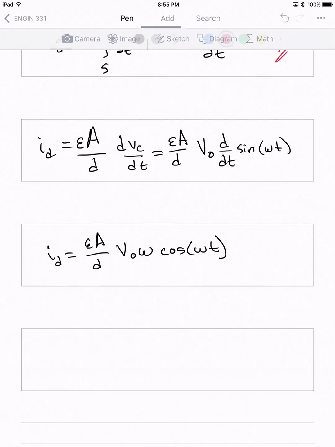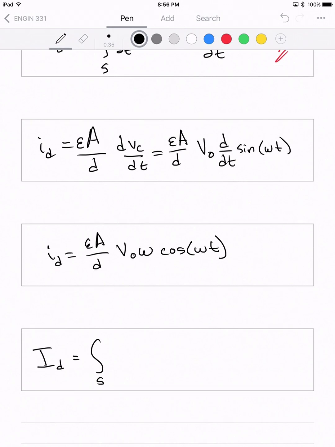If we do that, then capital I sub d is equal to the surface integral of partial D partial t dS. Now that time derivative, because we're dealing with phasors, just turns into multiplying by j omega.